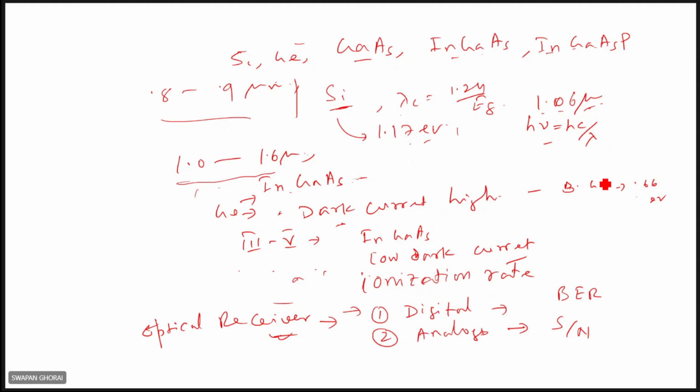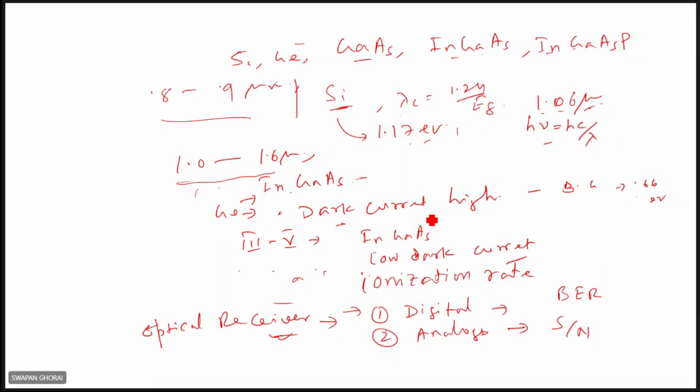That results in dark current, so dark current is high. Also, it has a high excess noise factor. If it is used as an avalanche photodiode, then the carrier ionization rate ratio, that is hole ionization rate by electron ionization rate, is small.